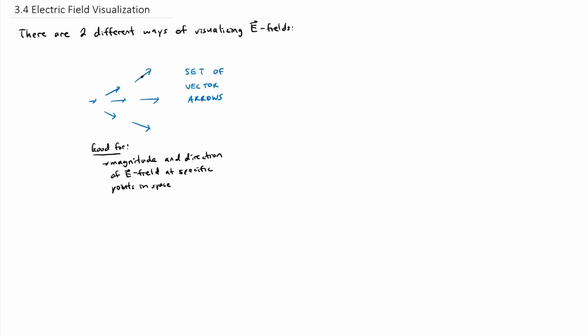Another one is if we did have a similar electric field like the one here in blue, instead of having individual arrows, we could have electric field lines.